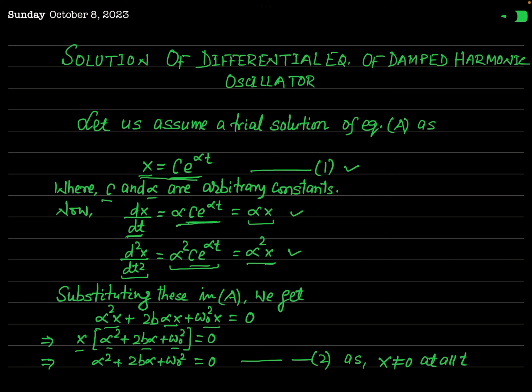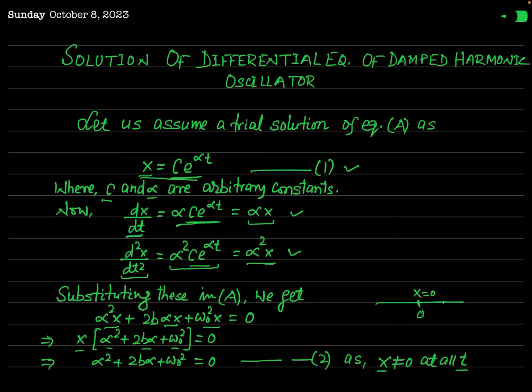Now you know this x is the displacement of our oscillator, and since the oscillator is oscillating about its equilibrium position, when the oscillator is at the equilibrium position, then x is 0. But whenever it is away from the equilibrium position, x is not 0. So this x is varying with time. It is not 0 at all times t. It can be 0 only when the oscillator is at its equilibrium position.